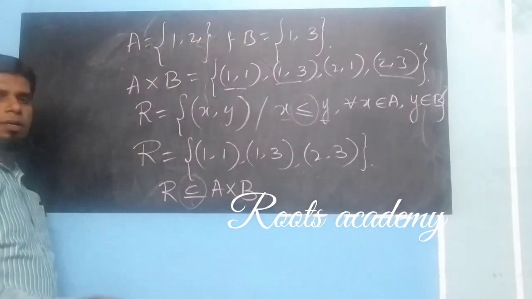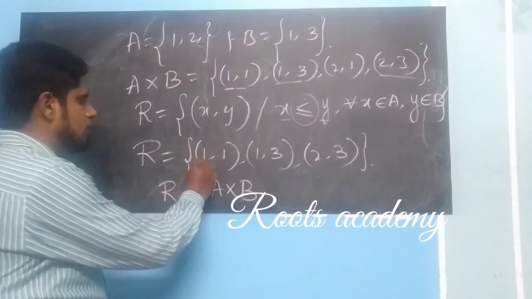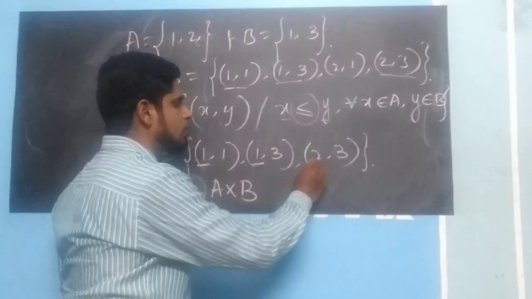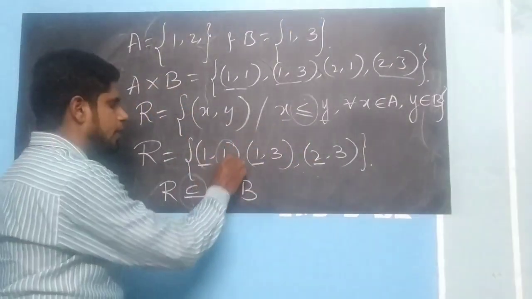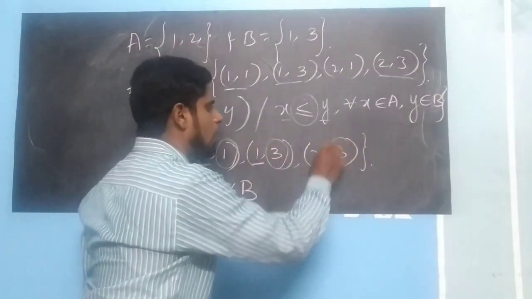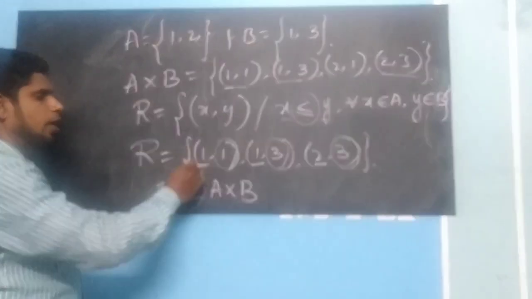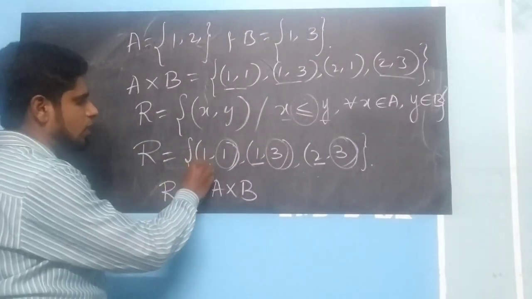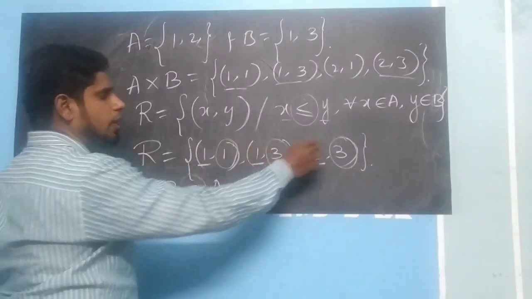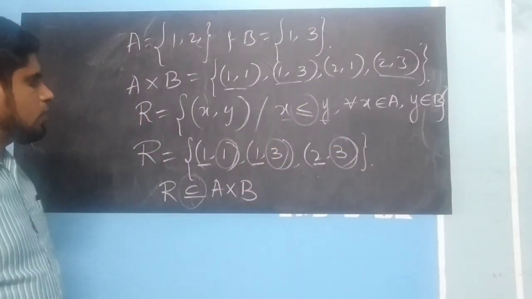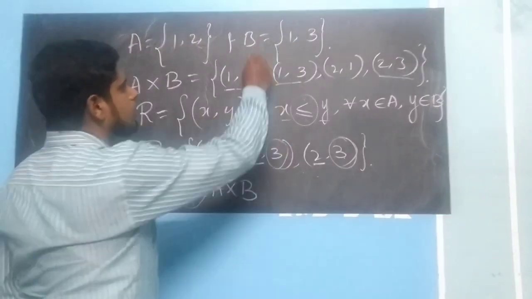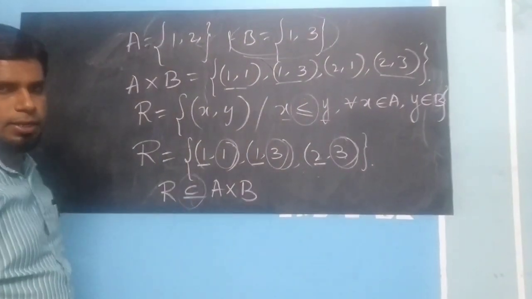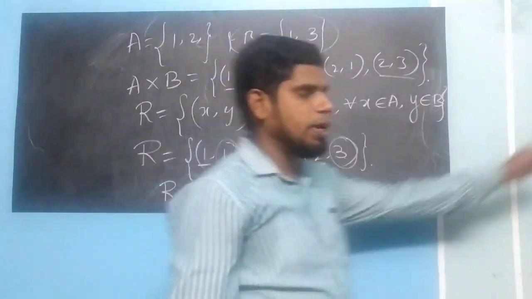In this relation R, the first elements are the domain elements, and the second elements are the range, or we can call it the image of the domain elements. So the first elements are the domain, the second elements are the range, and the complete second set is our codomain set.